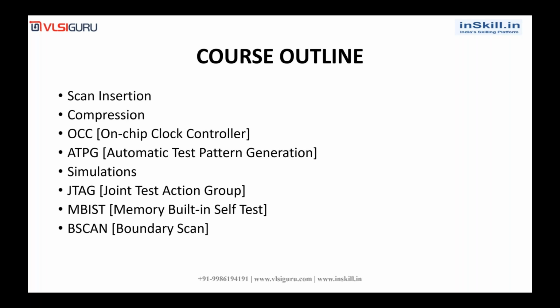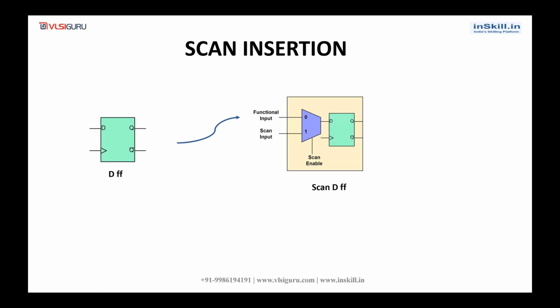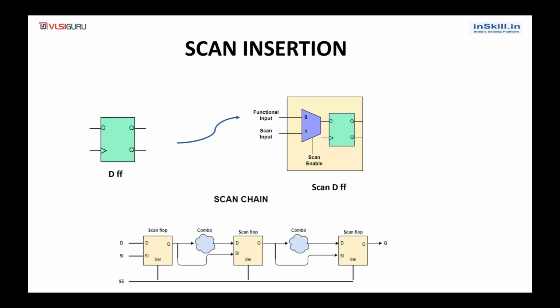Okay, so now I will give you a short overview of what each stage is. Each topic, what is it? We will just try to have a small overview of it. So first is scan insertion. Scan insertion is a process where all the normal flops in the design are converted into scan flops, that is, they are replaced with their scan equivalents, and a shift register path is formed, a Q to SI path, or a scan chain.